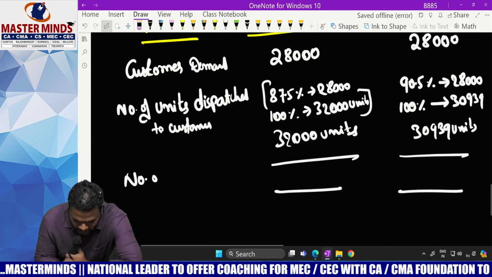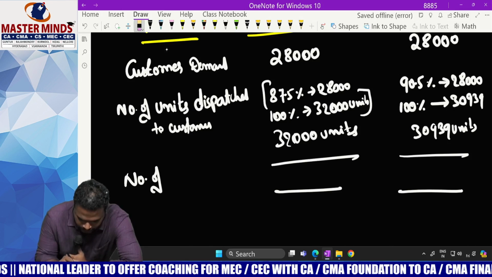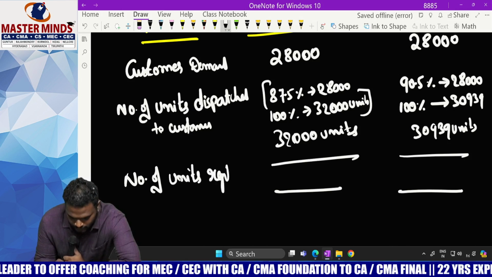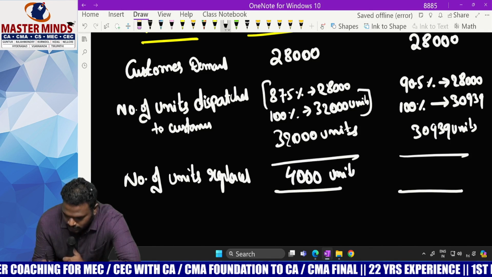Then number of units replaced. In the current situation, 4,000 units are replaced. Proposal.